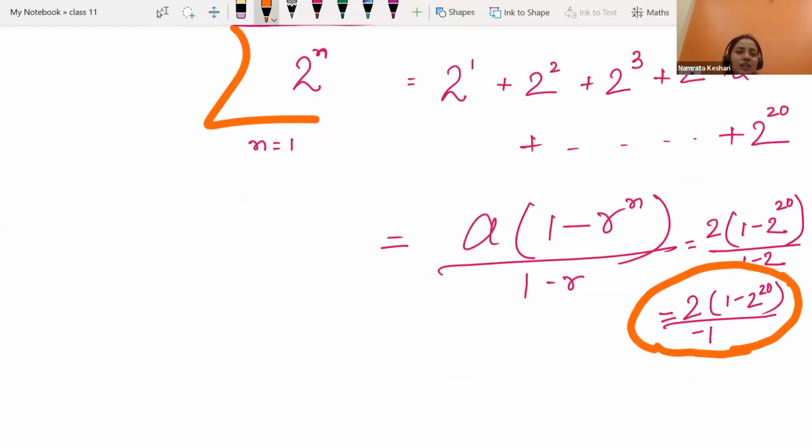Okay, so much calculation is not possible over here. Just the negative sign from the denominator, we can write it in the numerator. Making sense? Yes.